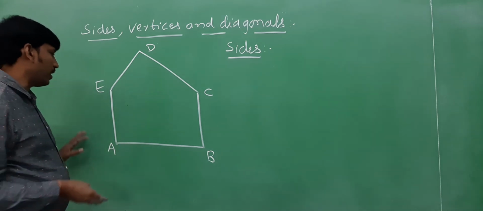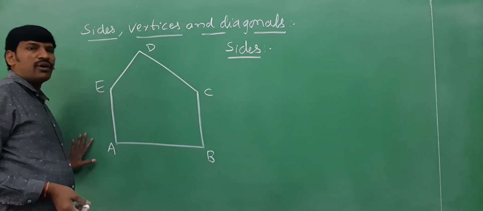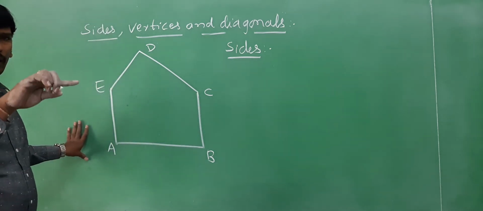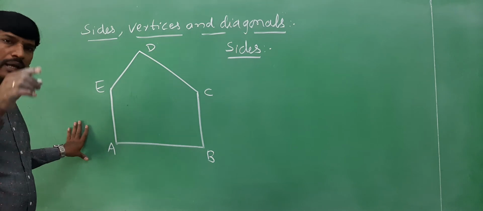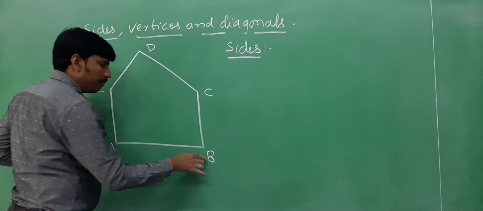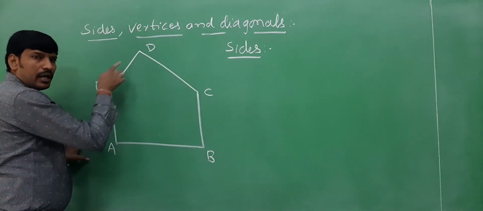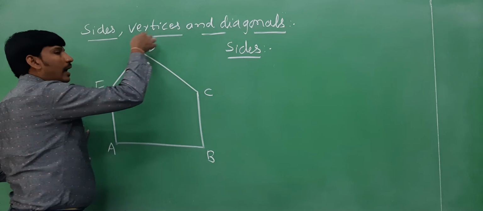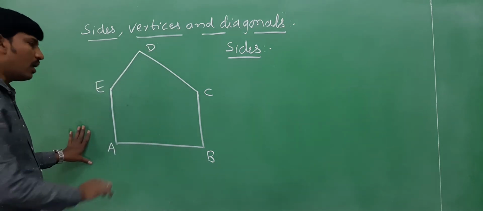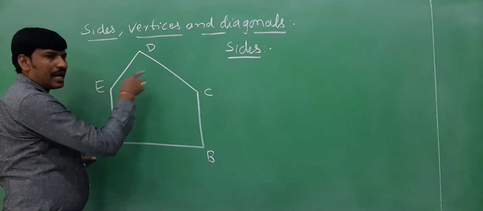And see this here, children, while giving the name of this polygon, I am following a particular order. Start from A, B, C, D, E. You can follow either anti-clockwise direction or clockwise direction, but don't go zigzag.